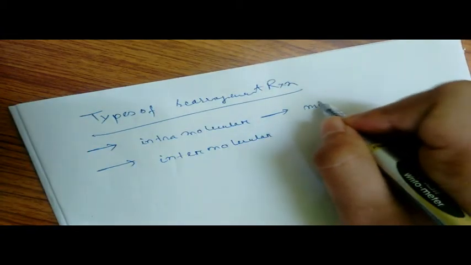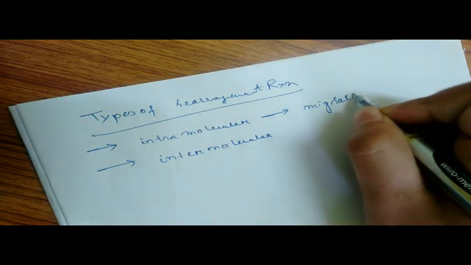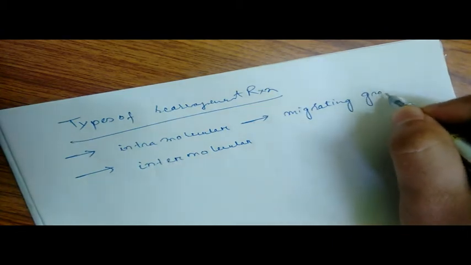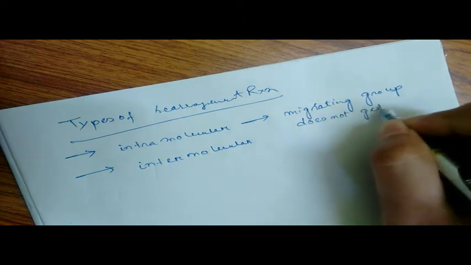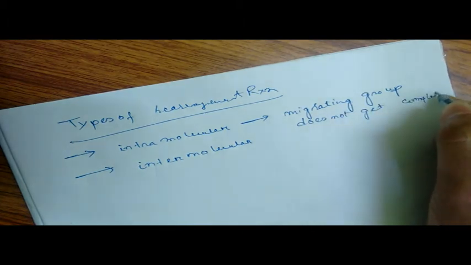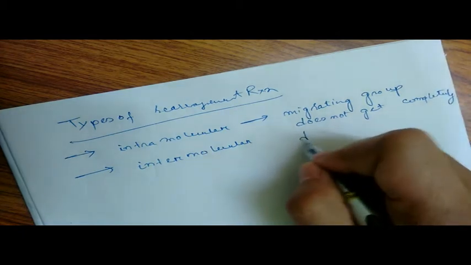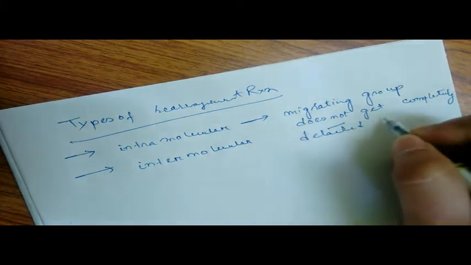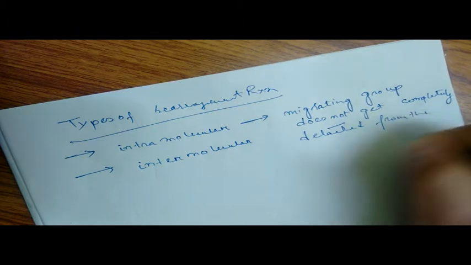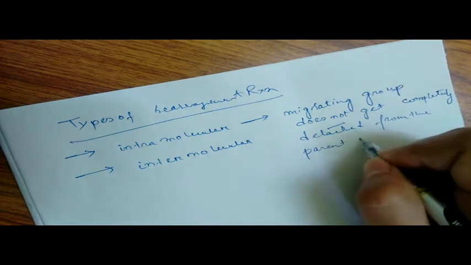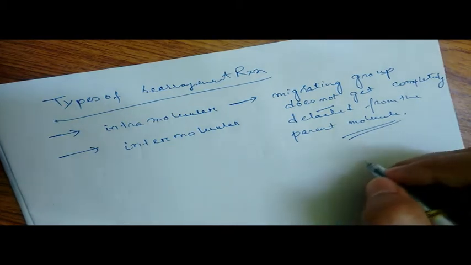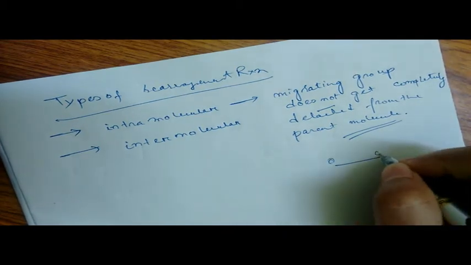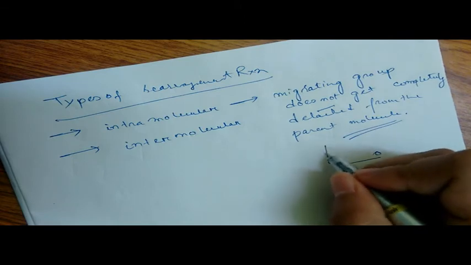Here the migrating group does not get completely detached from the parent molecule. We can say that in an intramolecular rearrangement reaction, the migrating group migrates from one position to the other without completely detaching from the parent molecule.